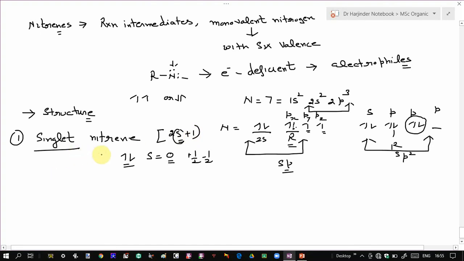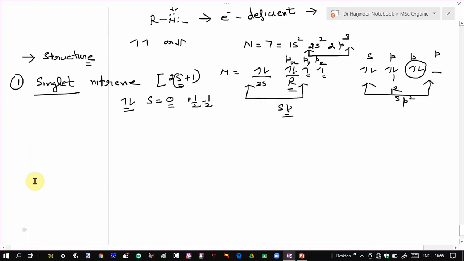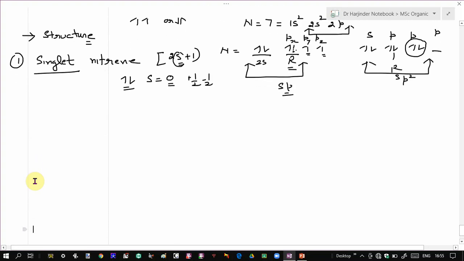So in case of singlet nitrene, both electrons are anti-parallel to each other. Their spin is anti-parallel, or you can say both electron spins are paired. So when it is a singlet nitrene, it has sp2 hybridization.